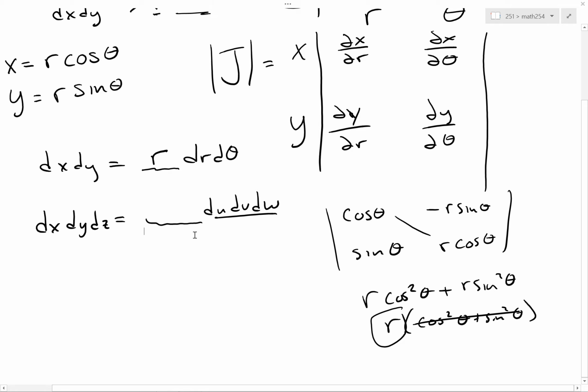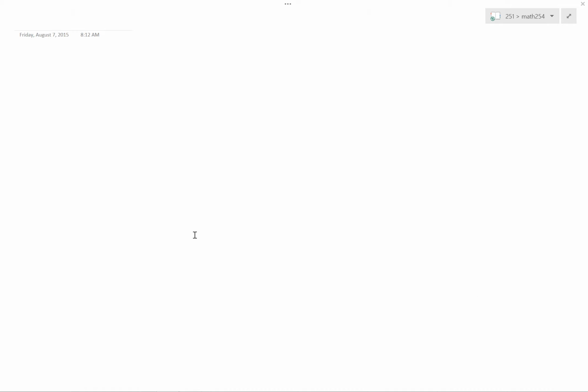Now, some of the things that happen with the Jacobian are cool, some of them are weird, some of them are just plain strange. So spherical coordinates, I'm going to do that one just for fun.